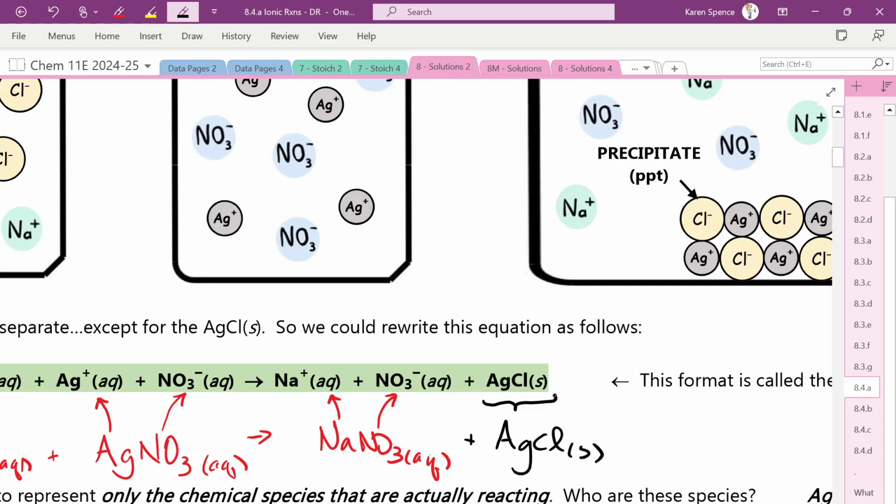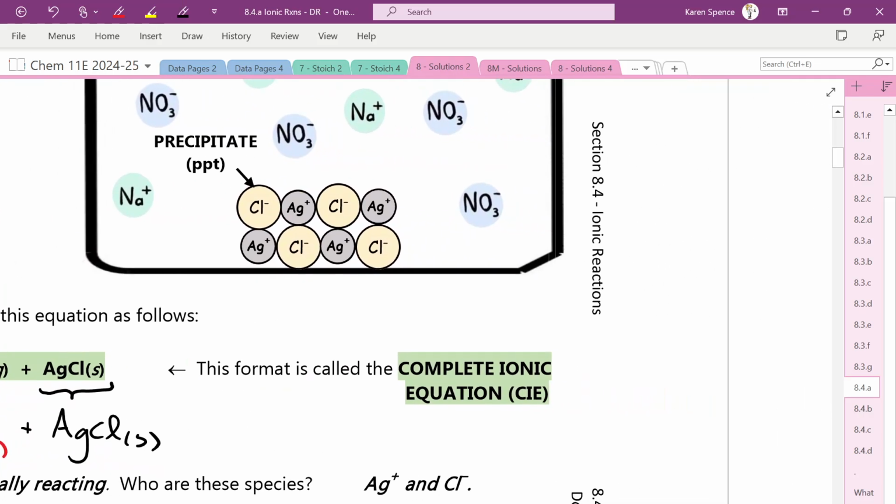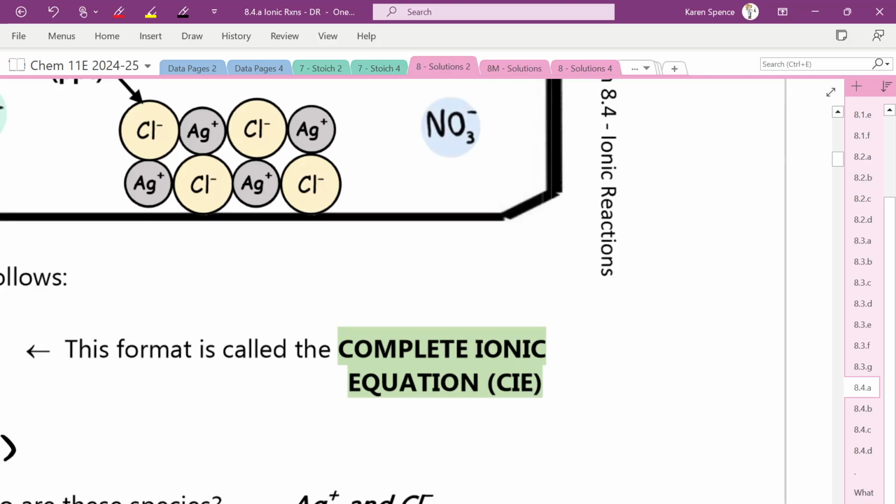So this is a more correct representation. It's long and it's awkward, but it is a more correct representation. And because it contains all of the ions, it is complete. Therefore, we call that format the complete ionic equation, or the CIE.